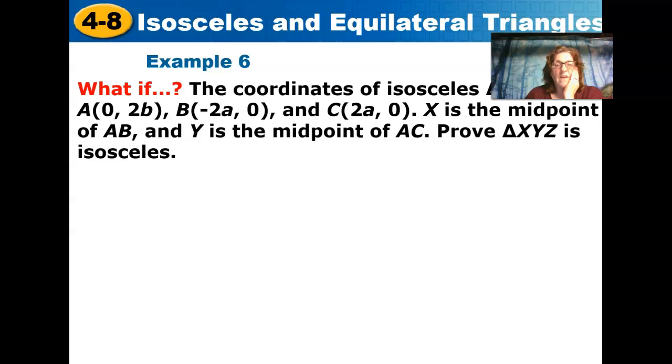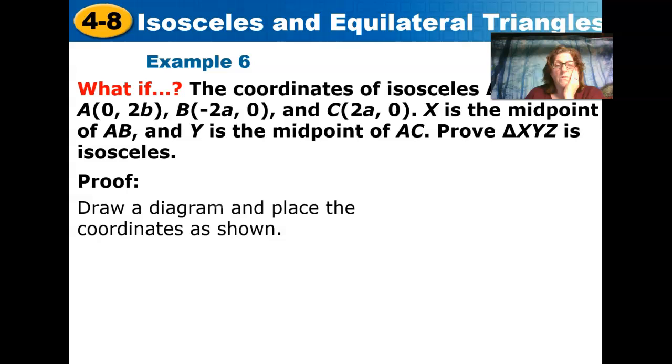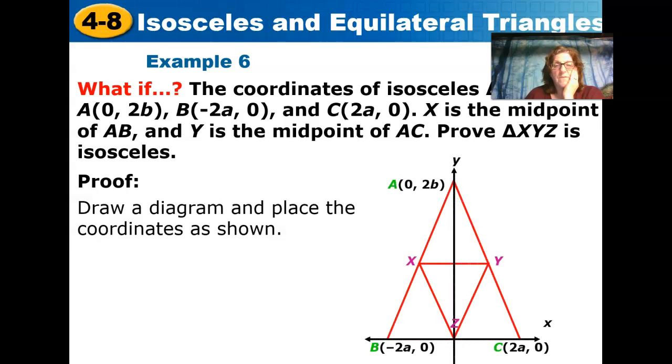The next one is asking us to prove that XYZ is isosceles. So how would we go about doing that in this diagram? Everybody give your thoughts, jot something down, see if you can figure it out. What would be the coordinate of X?